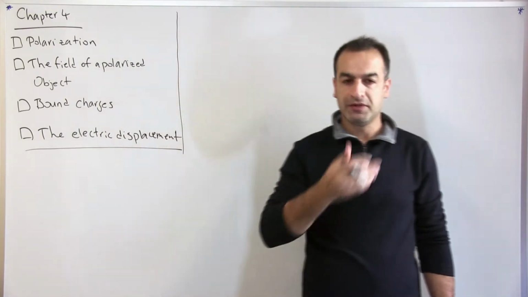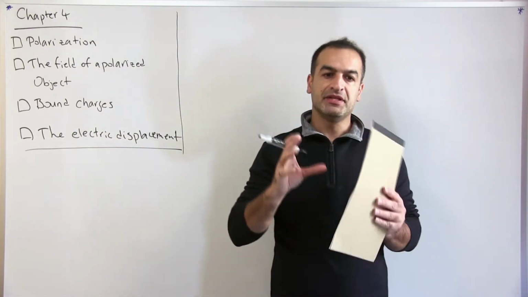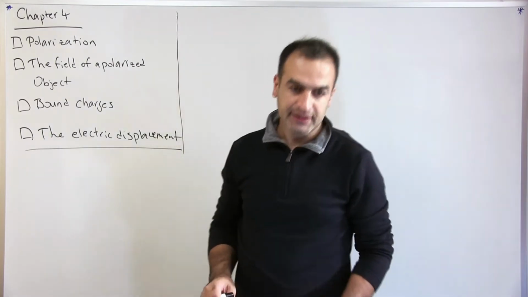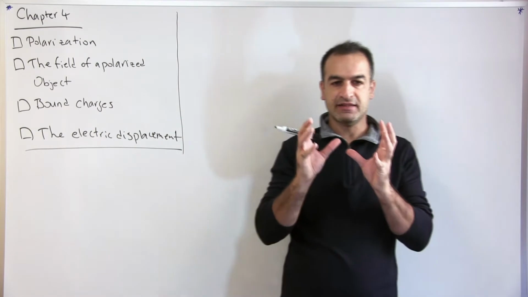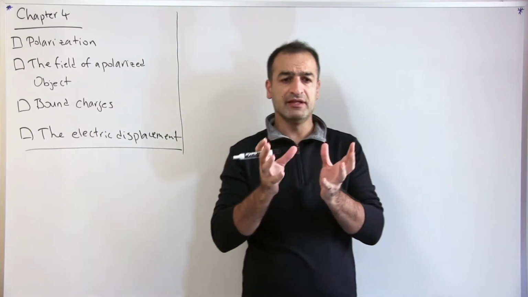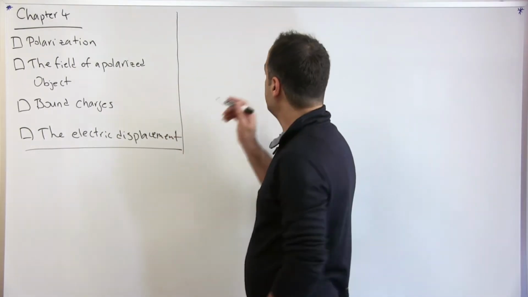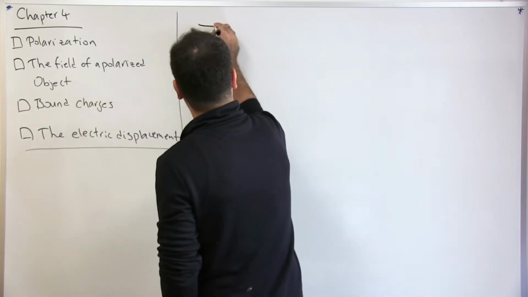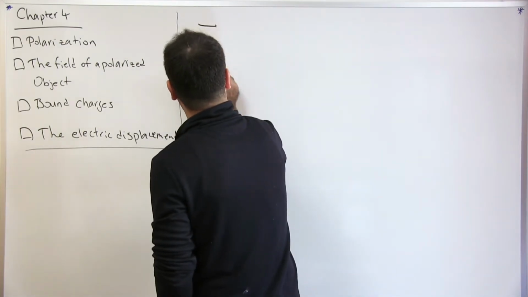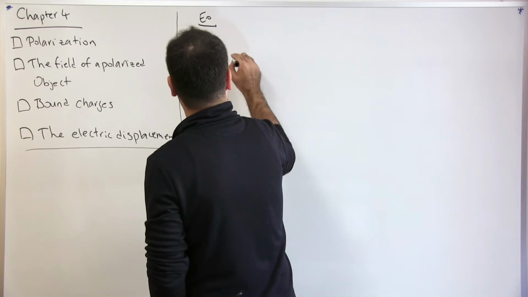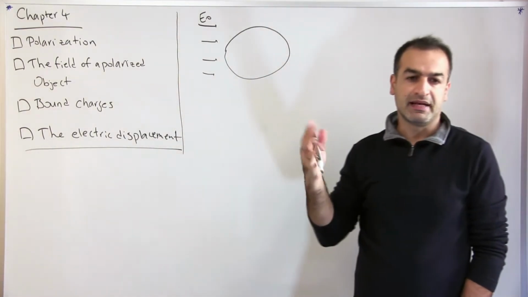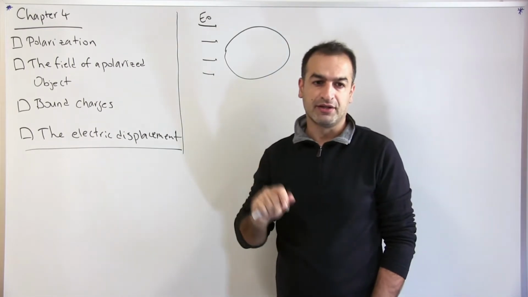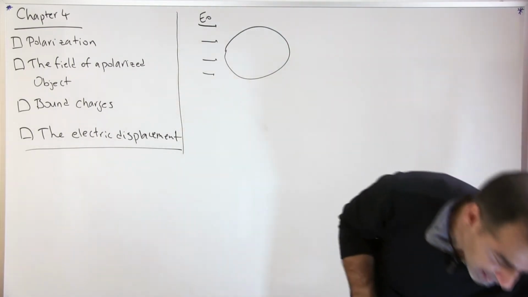Chapter 4 is all about putting a dielectric, non-conductive material in an electric field and seeing what happens. We look at that from a few different perspectives. Imagine you have the electric field E naught here, and you put this object, which is dielectric, like plastic or something like that, non-conductive, inside the electric field.